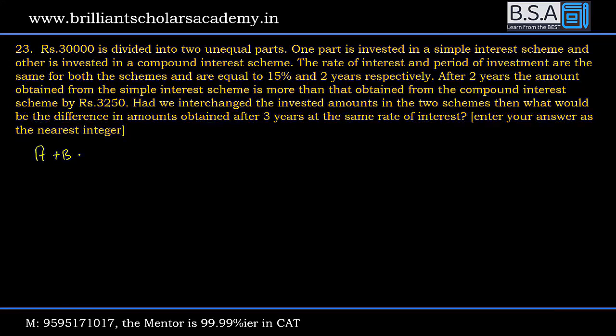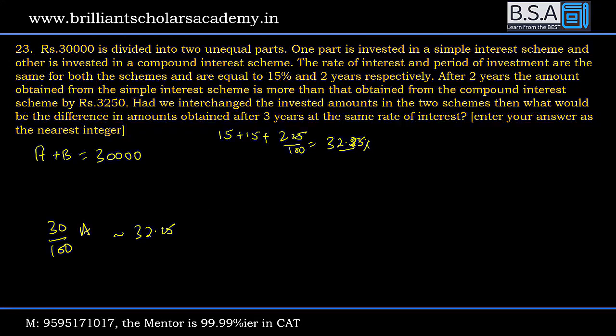A प्लस B इज इक्वल टू 30,000. ए का जो इंटरेस्ट है दैट इज ओनली 30%. व्हाट इज बी का इंटरेस्ट? बी का इंटरेस्ट इज 15 प्लस 15 प्लस 225/100. बी का इंटरेस्ट इज 32.25%. गैप बेटा इंटरेस्ट का गैप नहीं, आफ्टर 2 years अमाउंट ऑब्टेन्ड का गैप है.